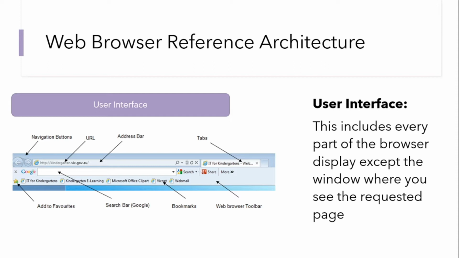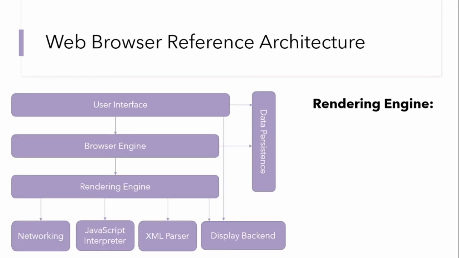We can talk of the navigation buttons, the URL address bar, the various tabs, add to favorites, search bar, and bookmarks. Everything else you see on the web browser forms the user interface.